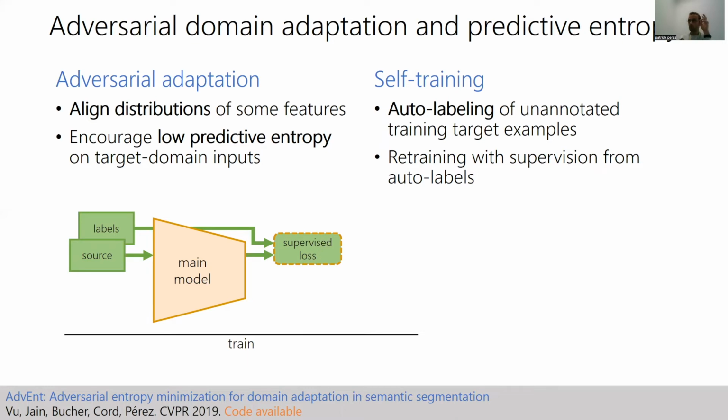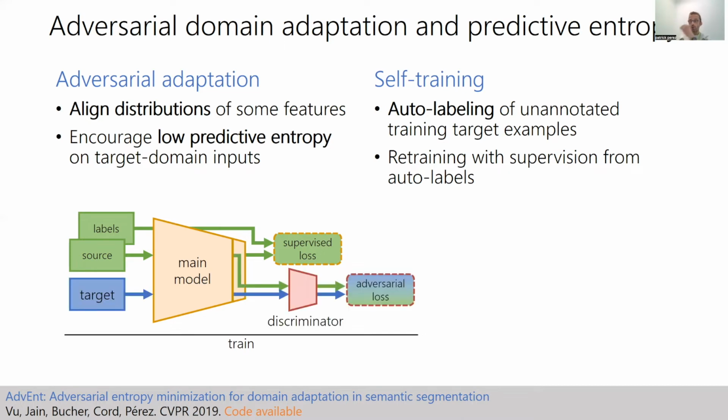These features can actually be at the very beginning of the model, even the inputs in the image domain, all the way to the output, or somewhere in between. In our work, we were very close to the output, typically the logits for semantic segmentation, and you do the alignment using adversarial training.